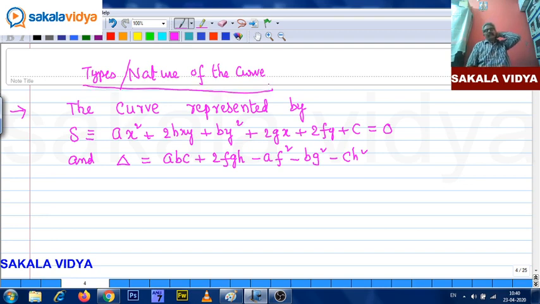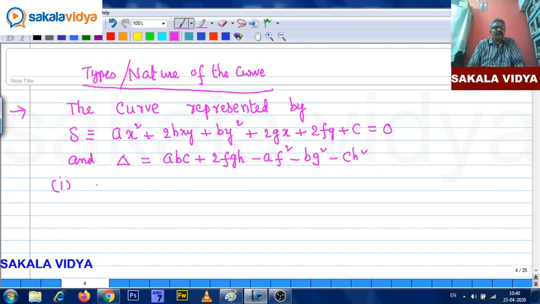So, the curve represented by S equals to ax square plus 2hxy plus by square plus 2gx plus 2fy plus c equals to 0, and delta equals to ABC plus 2FGH minus AF square minus BG square minus CH square. So, then with the help of this delta value, we can determine the type of the conic. We can decide the name of the curve. It may be conic also.